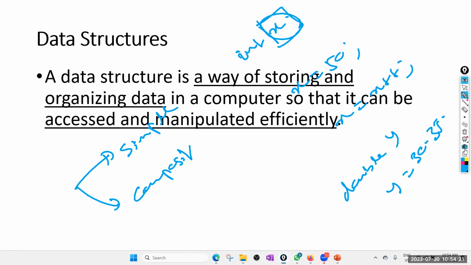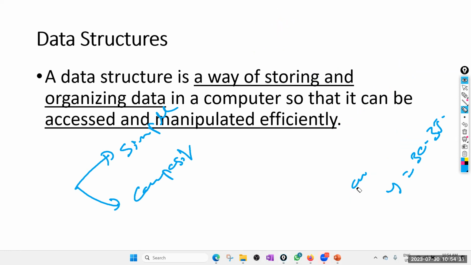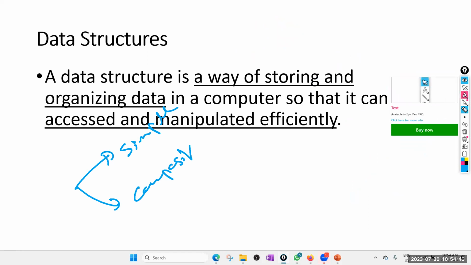Anyone? What are the composite variables you learned in semester 1? Composite or compound. So actually those are a little bit of data structures. Actually they are data structures. So you learned about arrays. Yes, arrays.